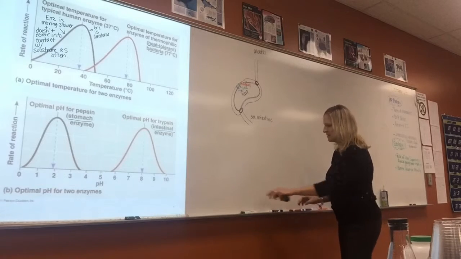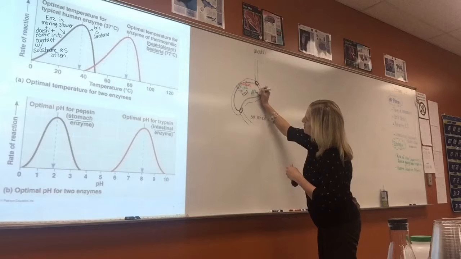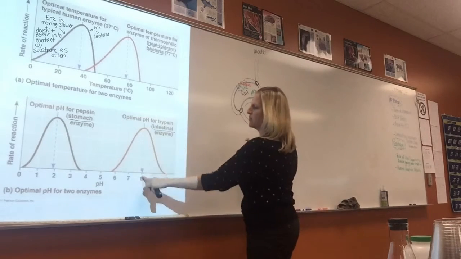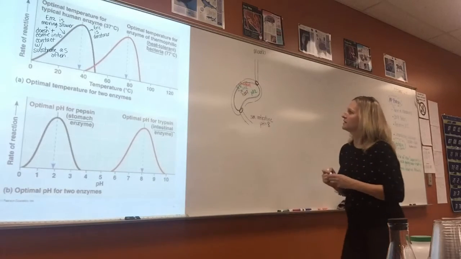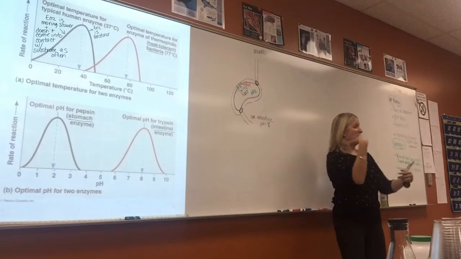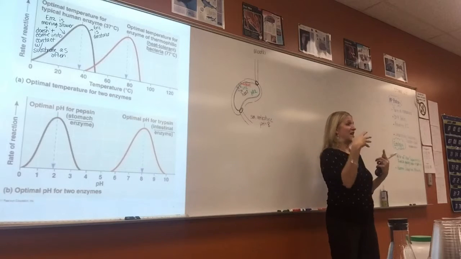The pepsin works best at right around a pH of 2. These guys work best at what? About a pH of 8. So now you have what they call chyme. It's like partly digested food mixed with the enzymes, mixed with the acid.